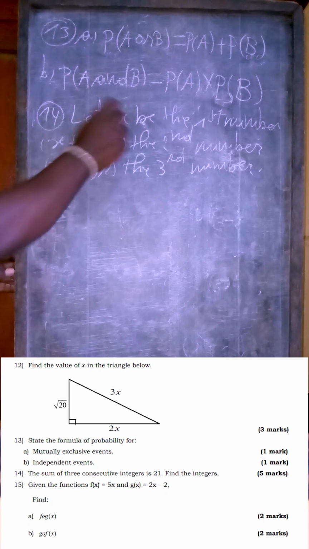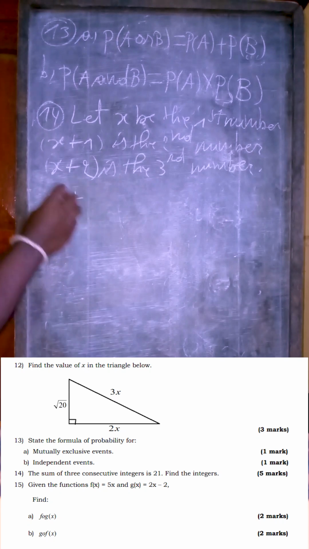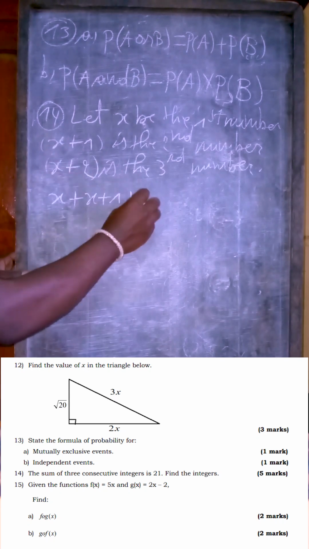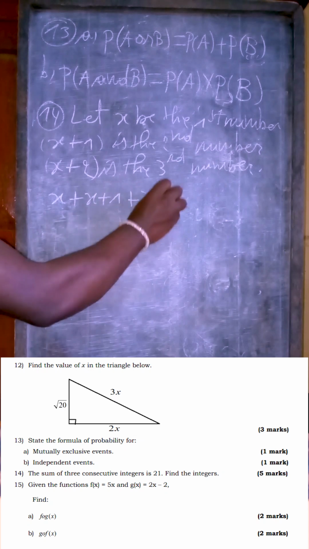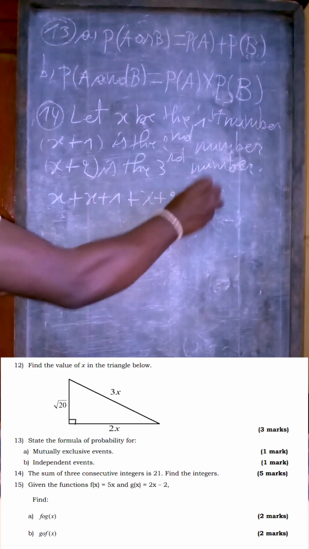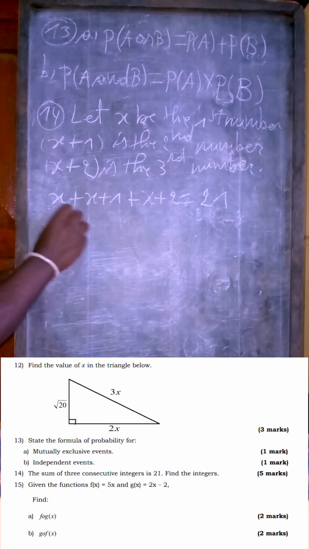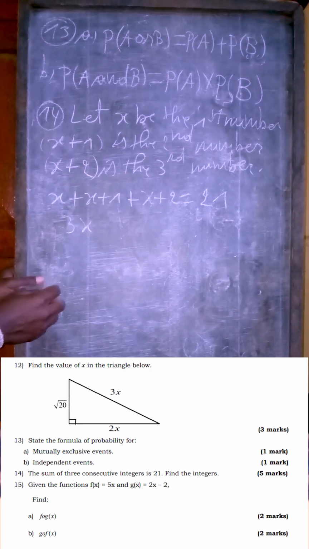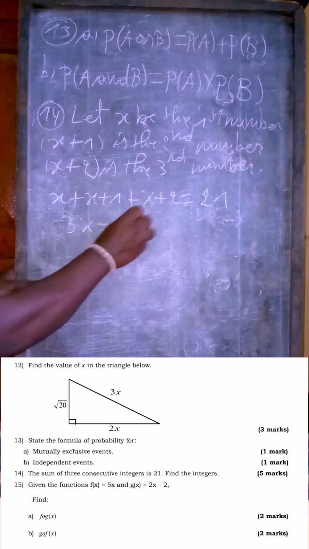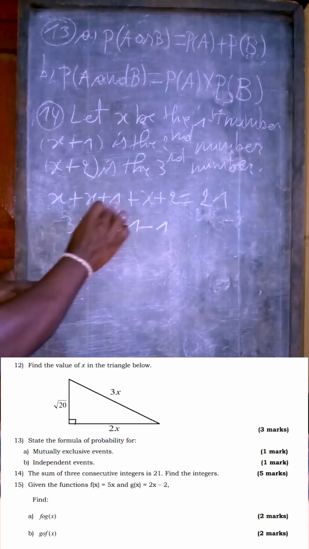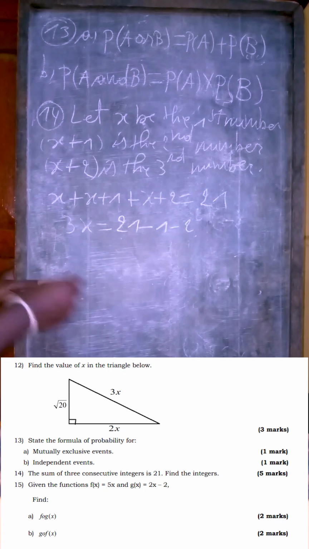This means x plus x plus 1 plus x plus 2 is equal to 21. Then after this, 3x is equal to 21 minus 1 minus 2.